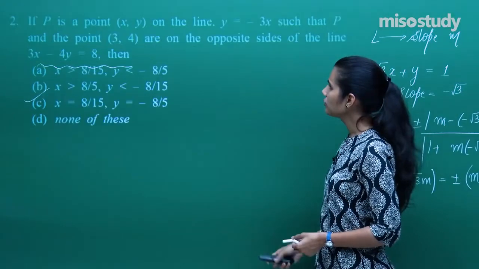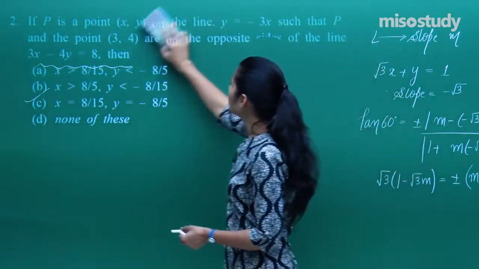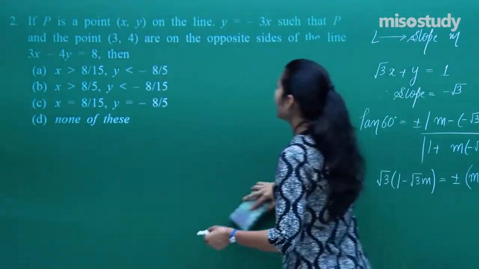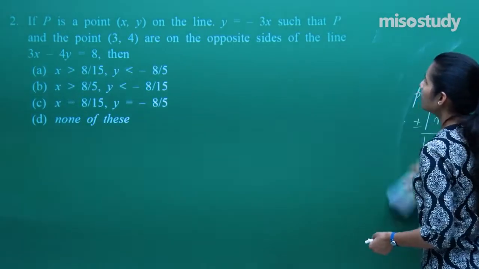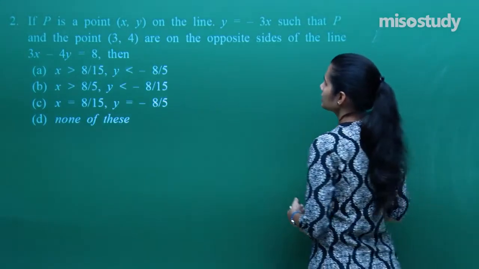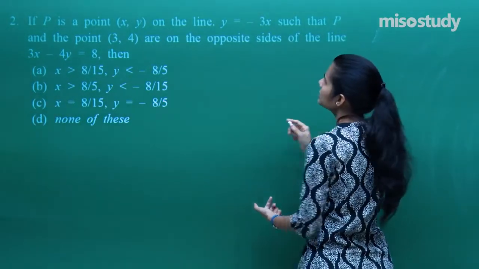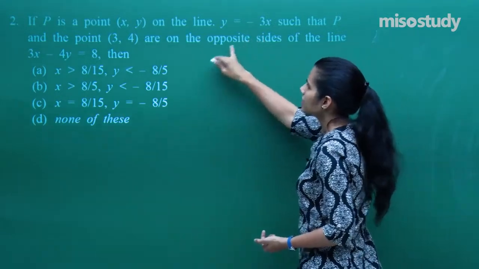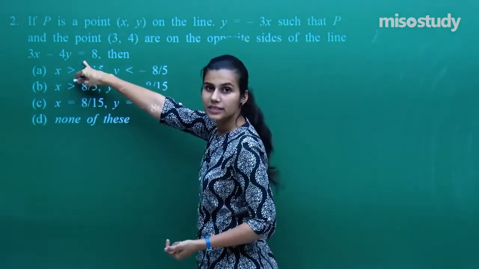Moving to the next question, we have: if P is a point on this line and the other point, they are lying on the opposite side of the same line. Okay. So, here first of all understand if the line given to you is y equals minus 3x and they are basically lying on the opposite side of this line.